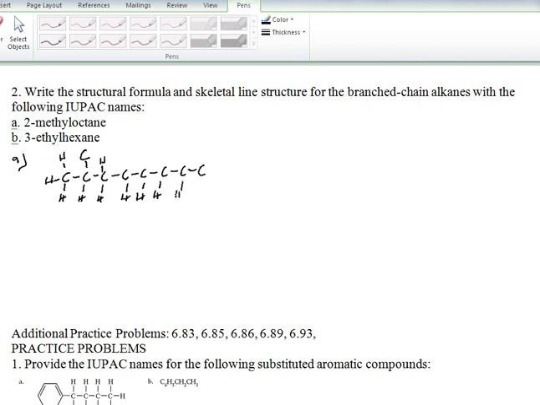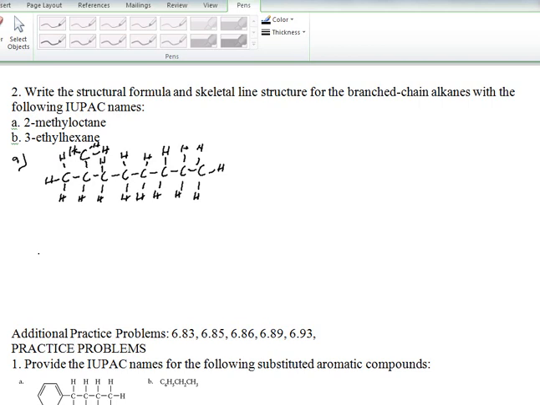We have lots of practice filling these in, so we'll do that quickly. Hopefully your drawings with actual pen and paper look a little better than mine with the tablet here. So that's the structural formula.